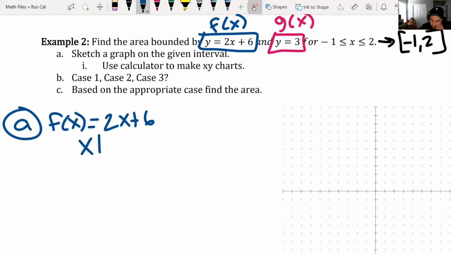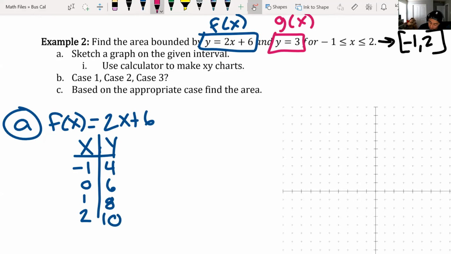And for my XY chart, we have -1, 0, 1, 2. Okay, plug those in. Let me see, 2x plus 6: -1 gives me 4, 0 gives me 6, 1 gives me 8, 2 gives me 10.